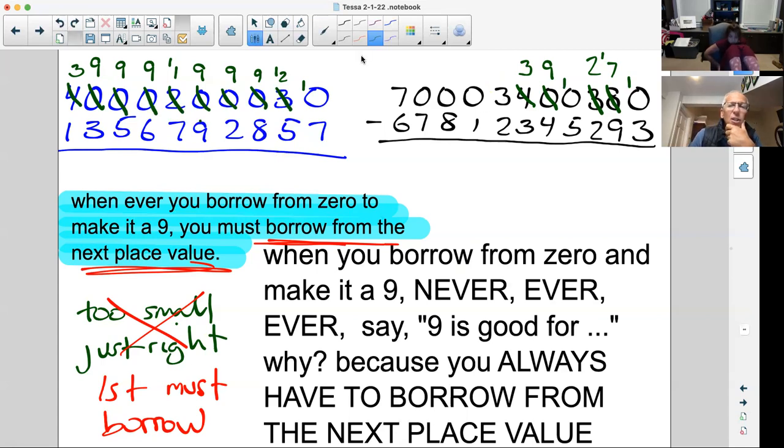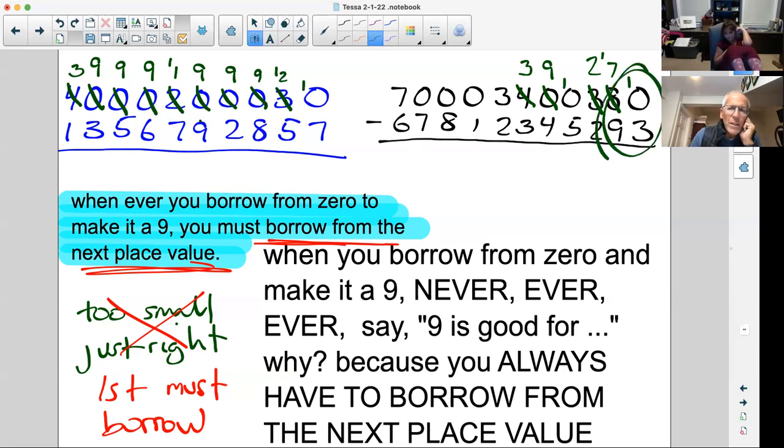No. Then you don't borrow. You don't make the 0 a 9. You didn't borrow here. There's no 1 here. You're just asking the question, is 0 big enough for 1? And the answer is no.